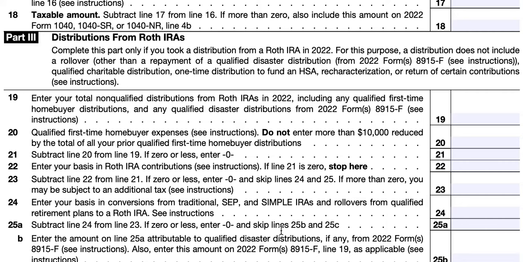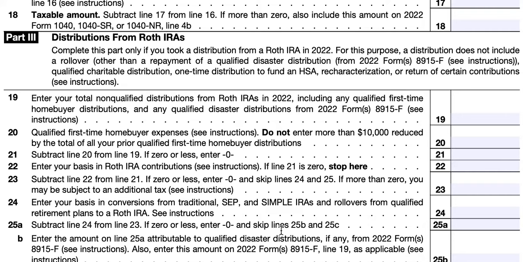However, this number cannot exceed $10,000. That is the limit that you can put onto this form for a first-time homebuyer expense. You'll subtract line 20 from line 19, and if this number is 0 or less, then you'll enter 0.